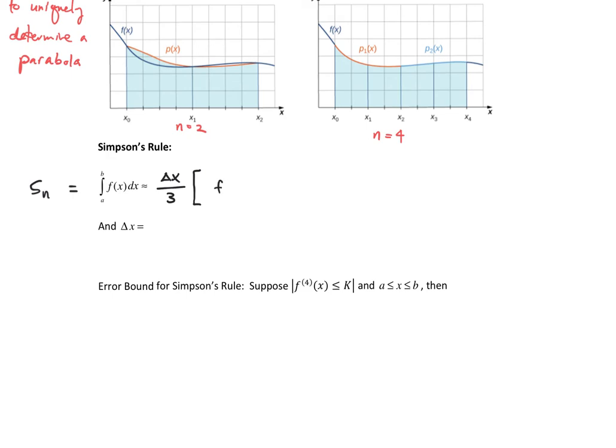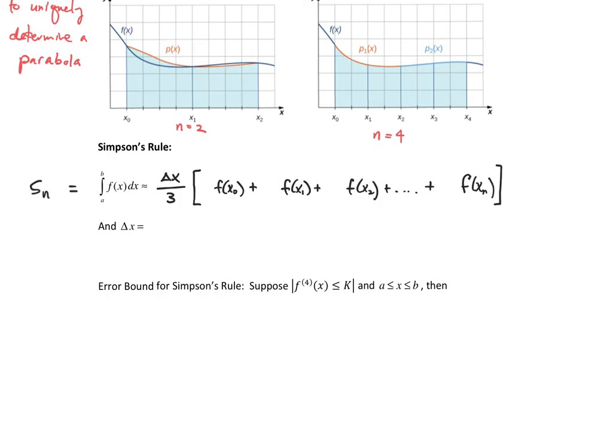So we're going to have f of x0 plus, let's leave a little bit of room, f of x1 plus, leave a little bit of room, f of x2, and that will be enough for us to describe the pattern. I'll describe the pattern in a second, and then the last endpoint will be f of xn.